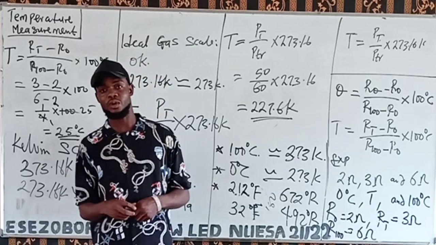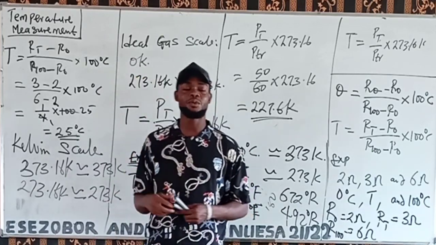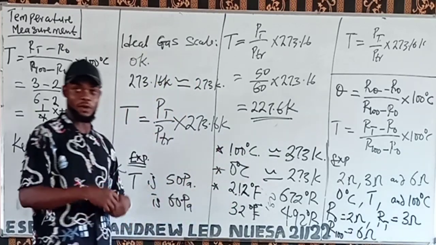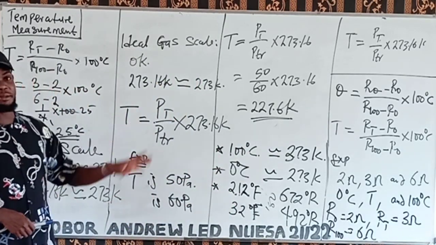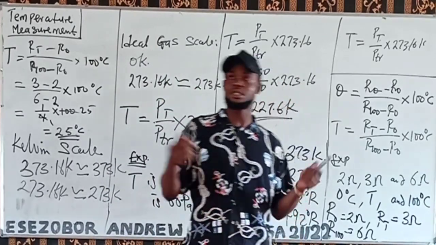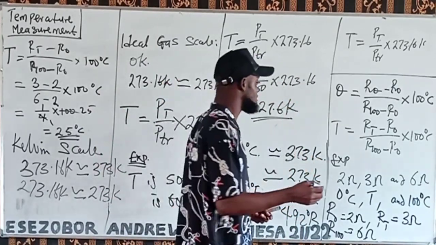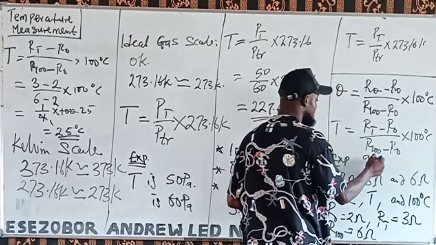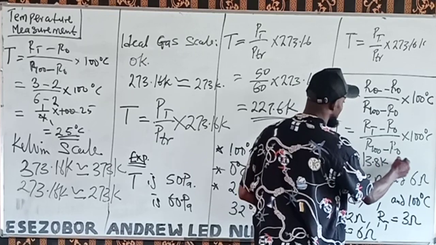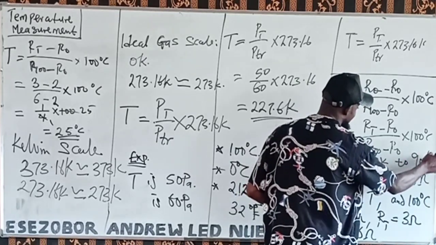So let's look now at the platinum resistance thermometer. The platinum resistance thermometer is the best thermometer within the temperature range of 13.8 Kelvin to 904 Kelvin.